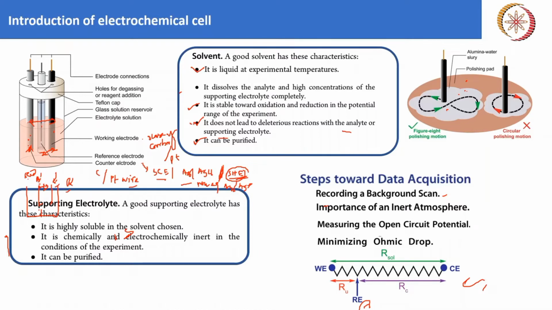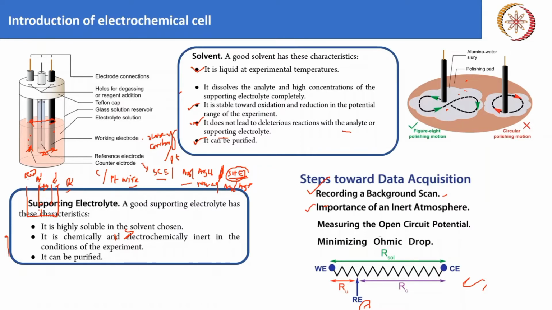You first have to check whether your solvent or your supporting electrolyte is stable in that potential window. That is the background scan.